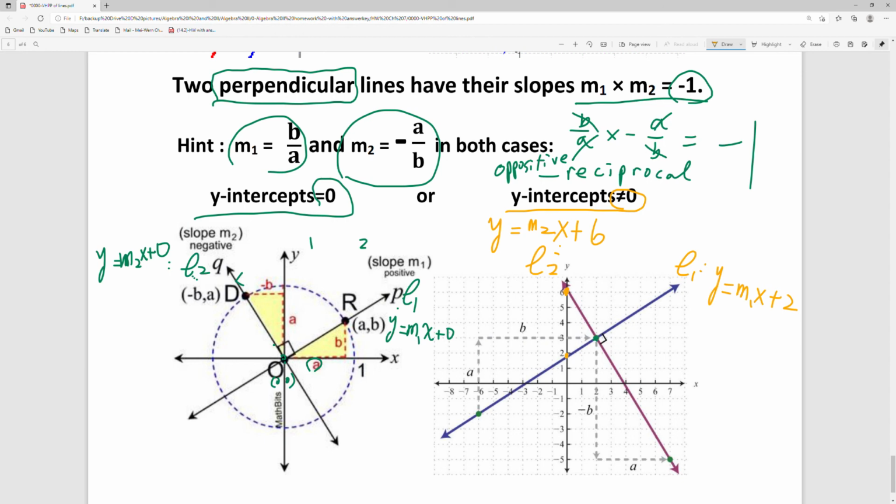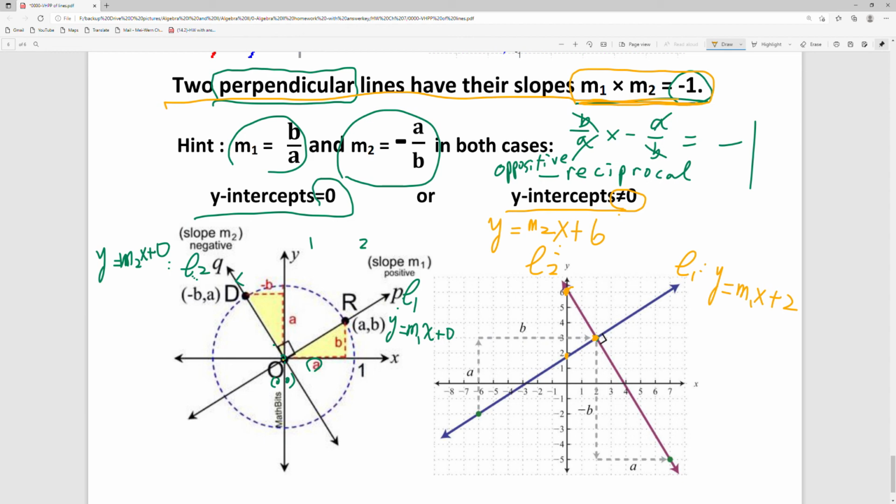Therefore, even though these two lines do not intersect at the origin, in other words the y-intercept is not 0, you still have the same property for the two perpendicular lines. Their slopes multiplied together is -1.